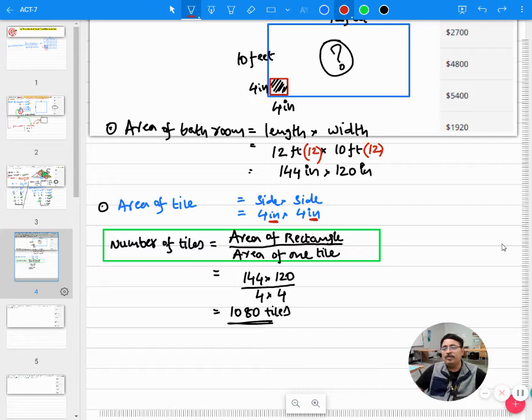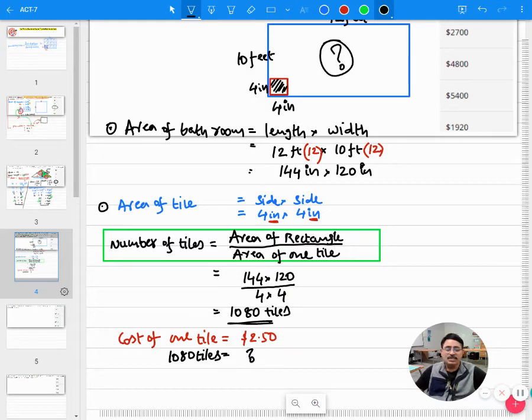In the same way, if I'm taking the cost of one tile, oops, my bad, one tile is $2.50, and if you have to buy 1080 tiles, what would be the cost?